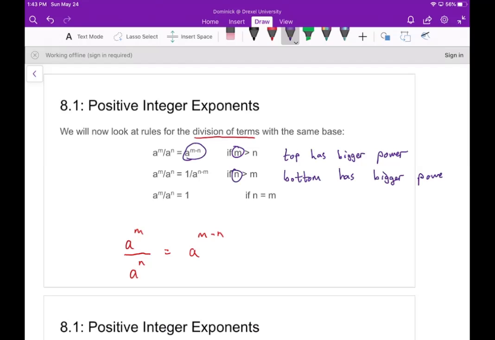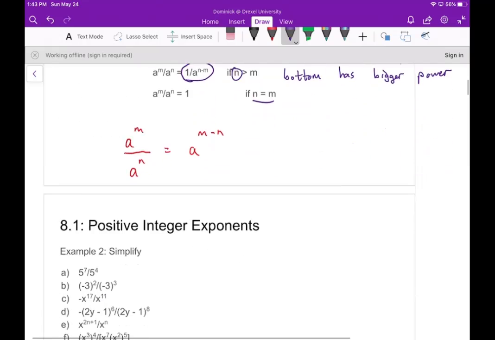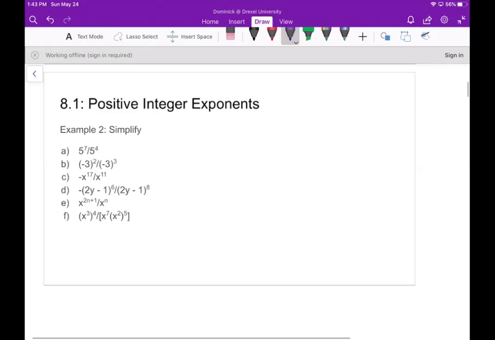When that happens, your term with the exponent is going to be left in the bottom, again to that difference. Now, if m and n are equal, then you have something over itself, and that's always just 1. Let's do a couple of examples of that.